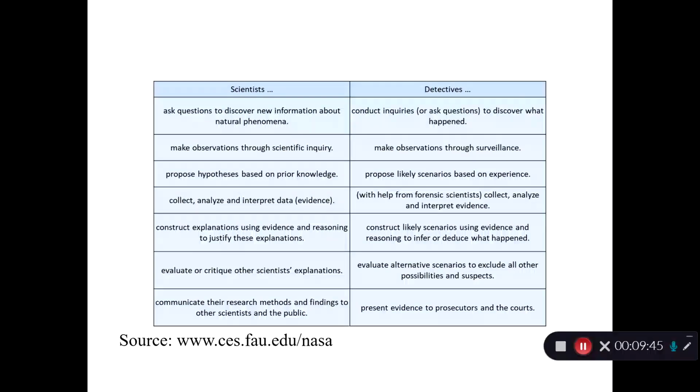You make observations, right? You propose different hypotheses, right? So a detective is like, oh, maybe it was the butler, right? Or maybe it was, so these are your different hypotheses, different scenarios. You collect evidence, you construct explanations, you critique and evaluate, and you discuss with others what that evidence suggests, right? And then you communicate your final hypothesis.